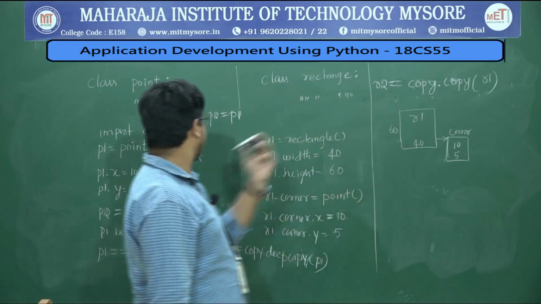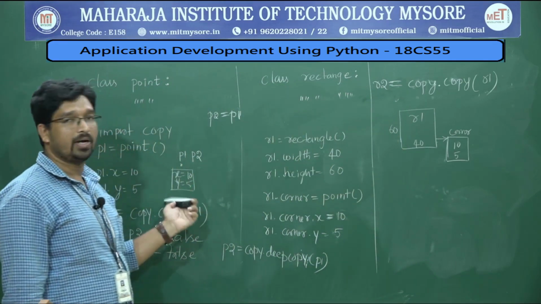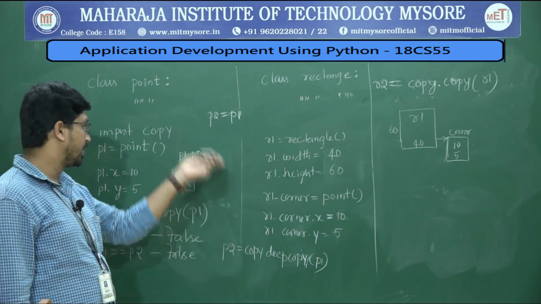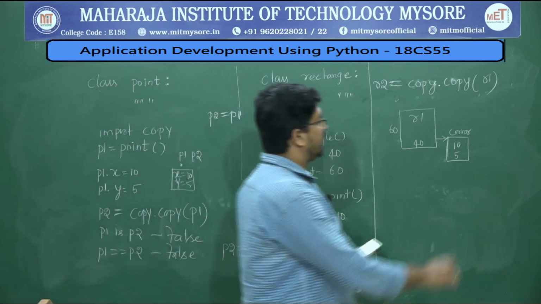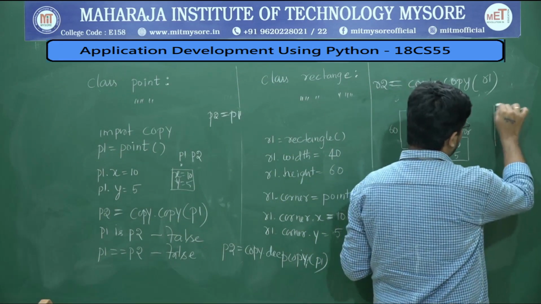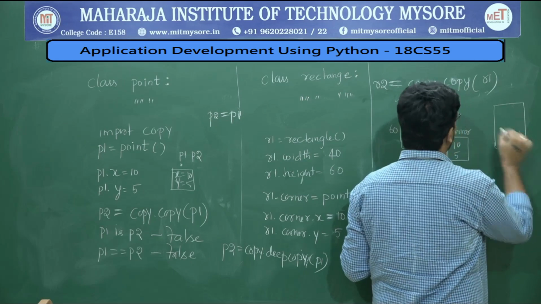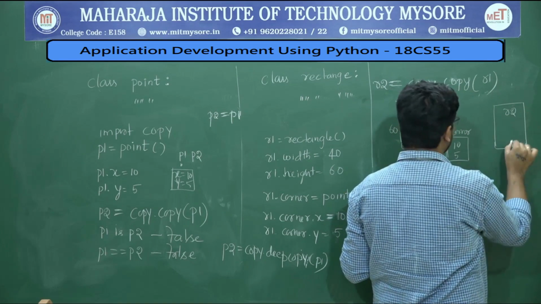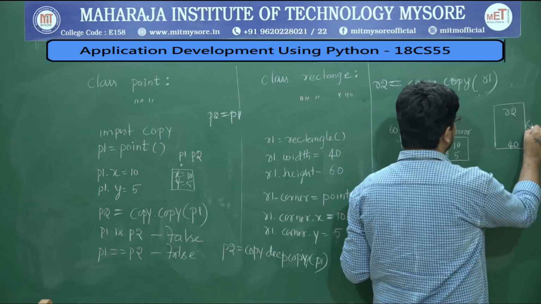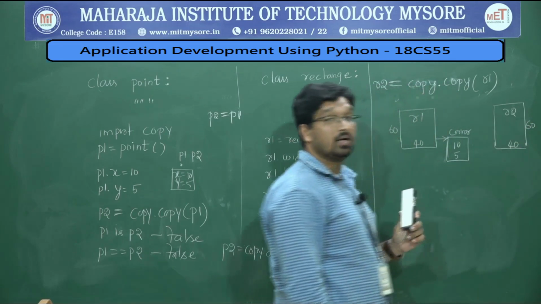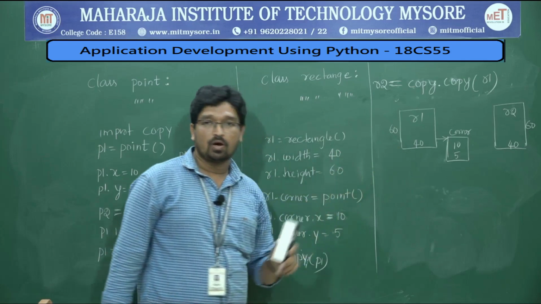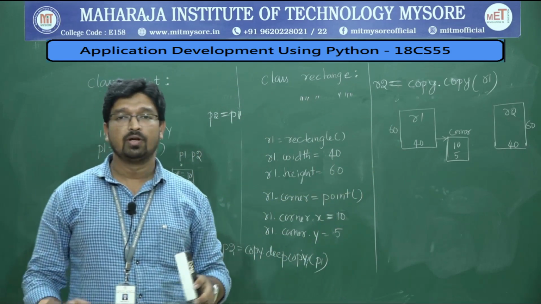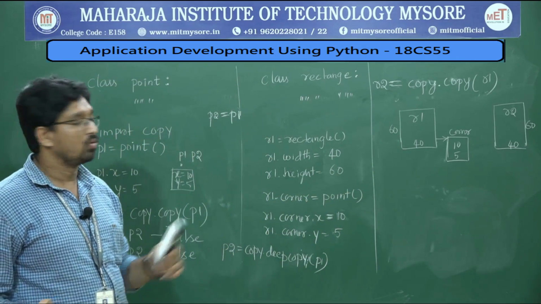As we saw, P1 is separate, P2 is separate. But when we copy R1 to R2, obviously it will create two separate copies of 40, 60, but it won't create a separate copy of the reference objects.